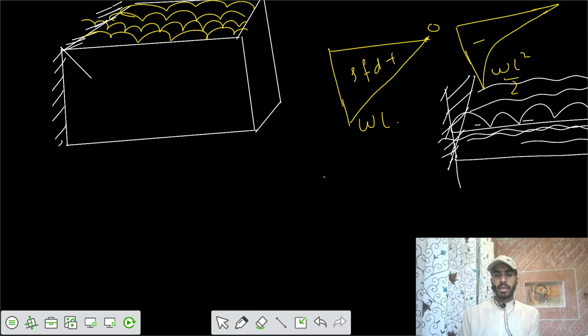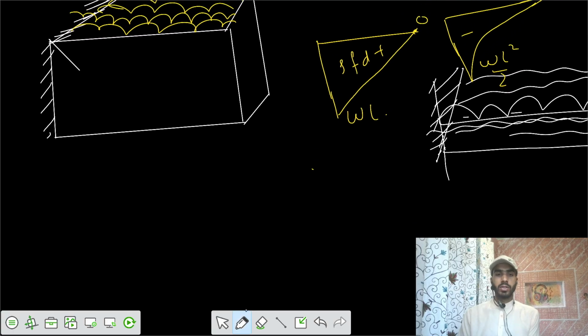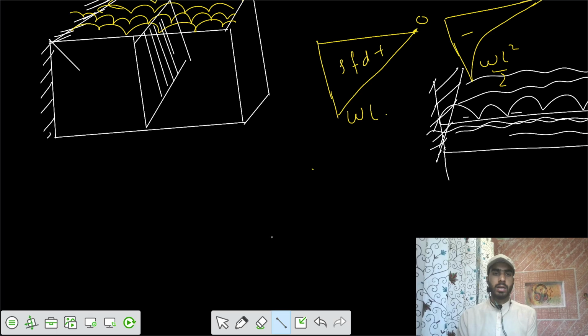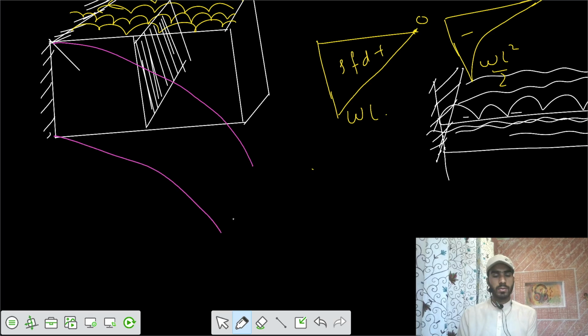So initially, before the bending, the plane section looked like this. So this was our plane section before bending. Now after bending has happened, the bending profile is like this.